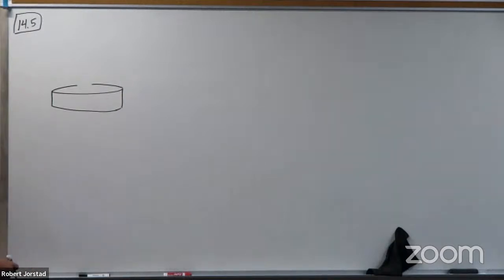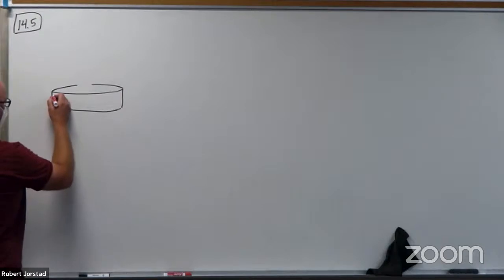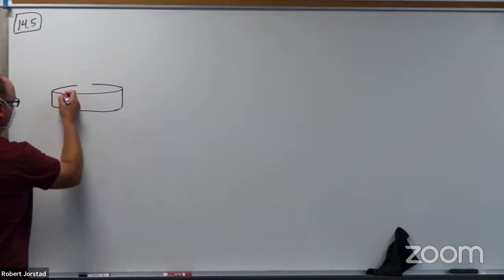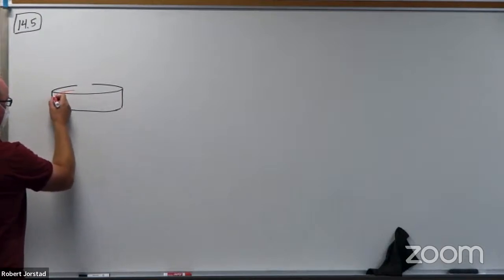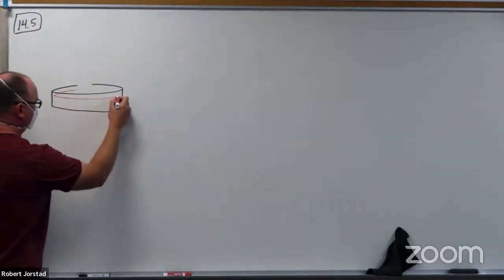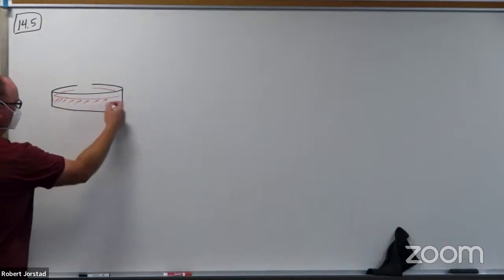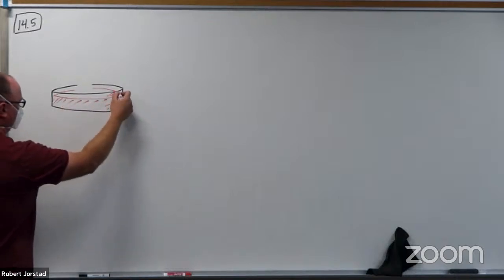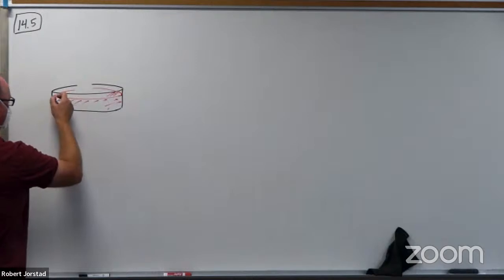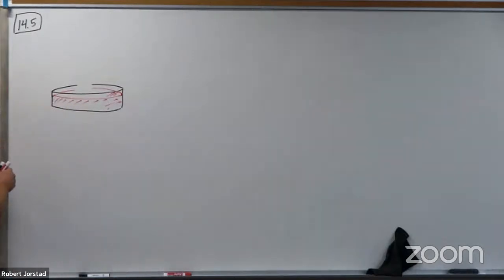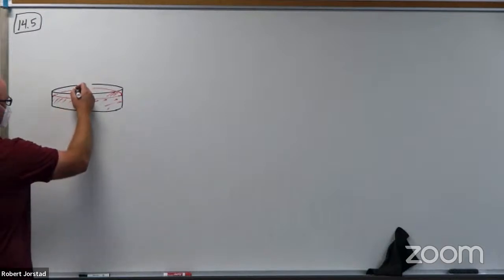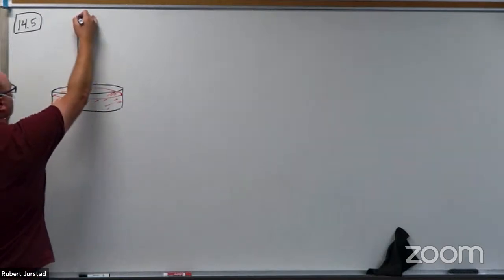So talking about 14.5. Let's imagine that you fill this thing with mercury, okay? We have mercury in here. Right? And now what you could do is you could take a test tube and invert it. Maybe it's a very long test tube.